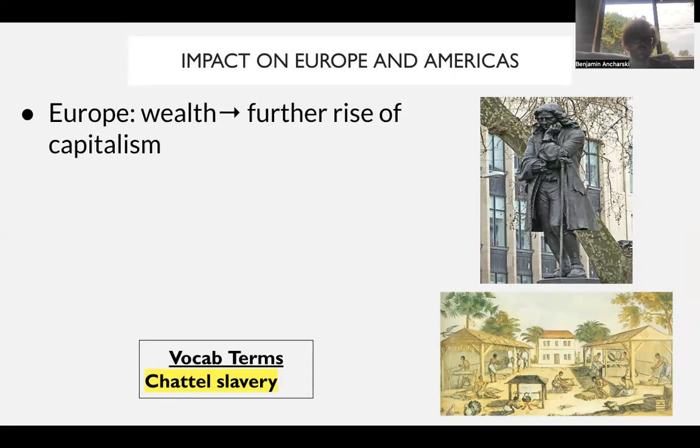But we mostly do see that the transatlantic slave trade, despite being something that on paper is mutually beneficial for European and African states, is generally going to benefit Europeans more.